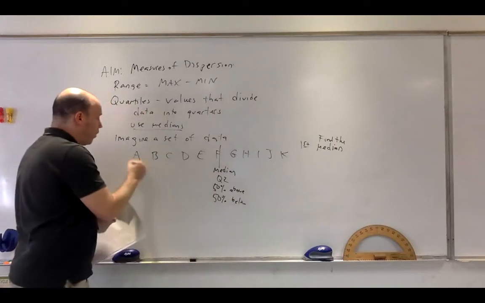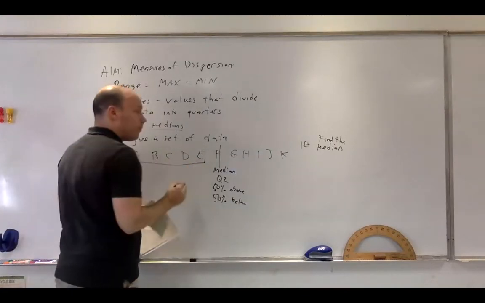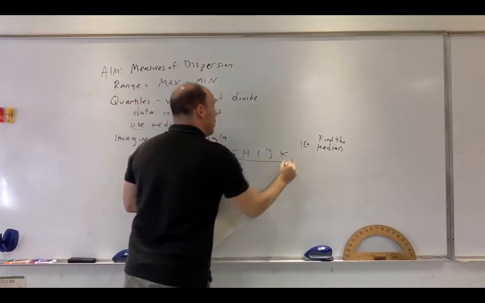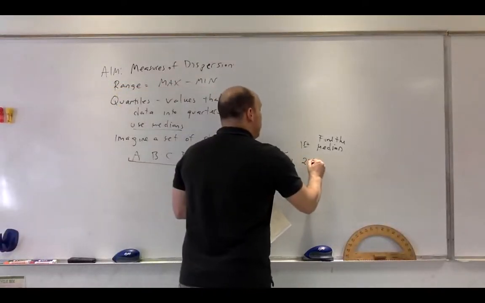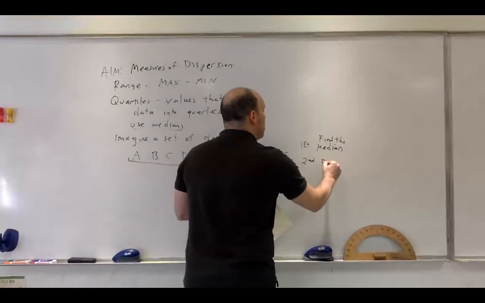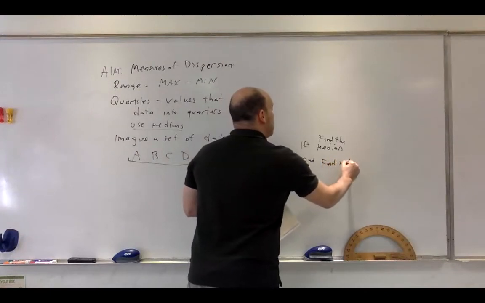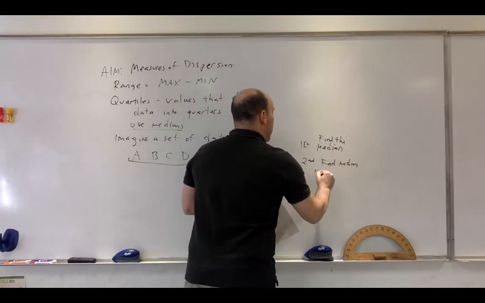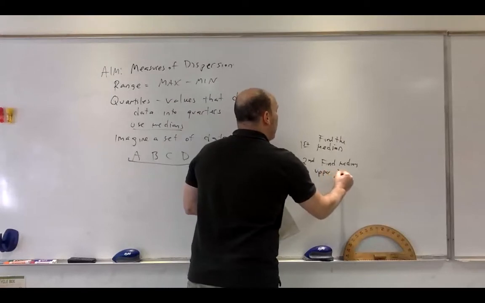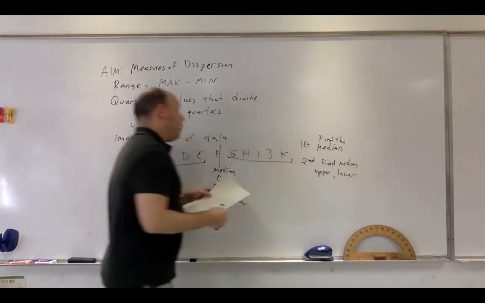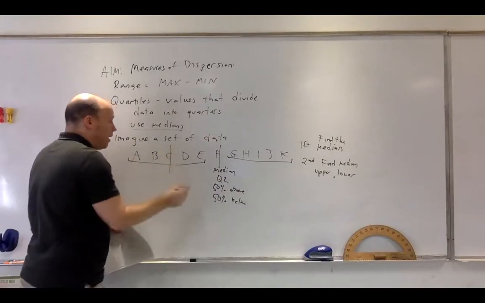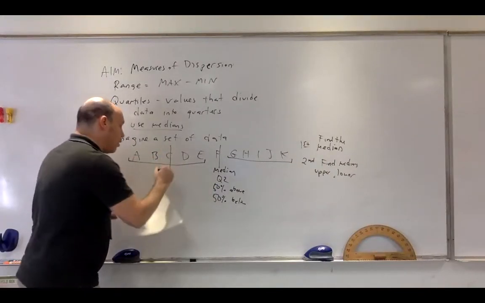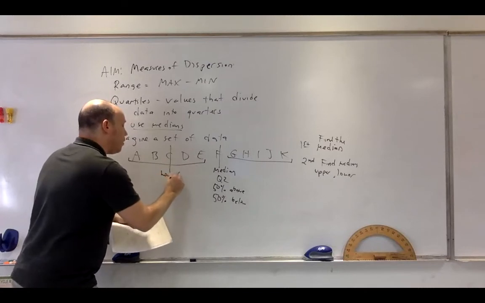Okay. Now what we've done is we've broken up into a lower range and an upper range. And so what we're next going to do is find the medians of the upper and the lower. So you have 5 pieces of data, and this is known as the lower quartile.